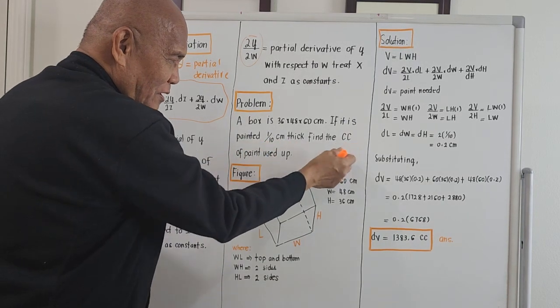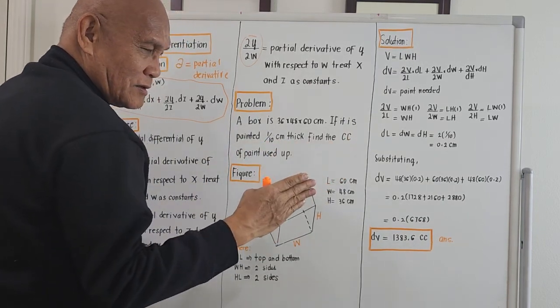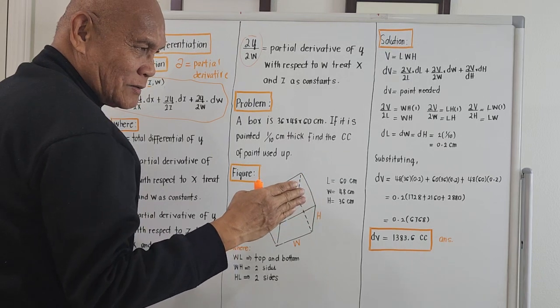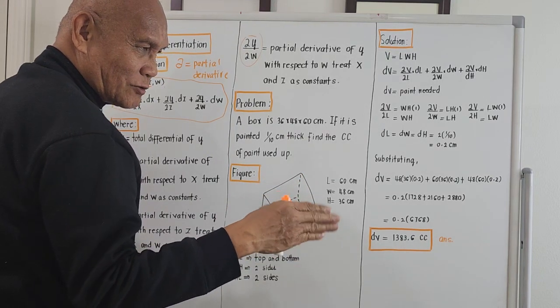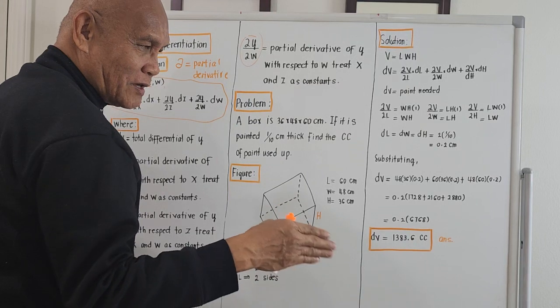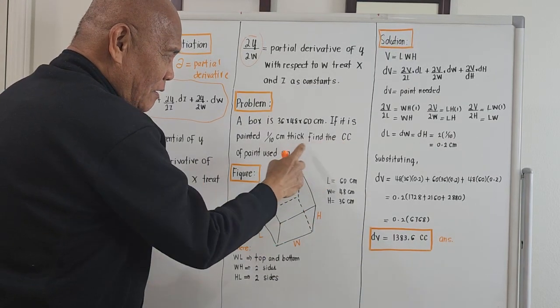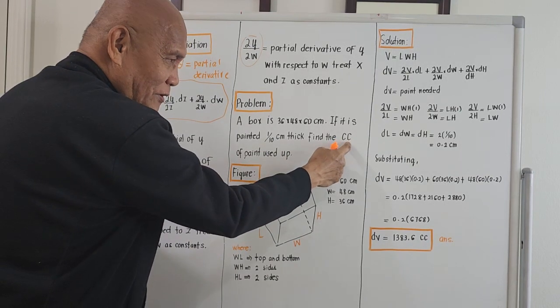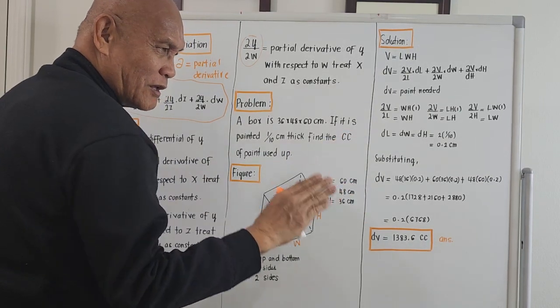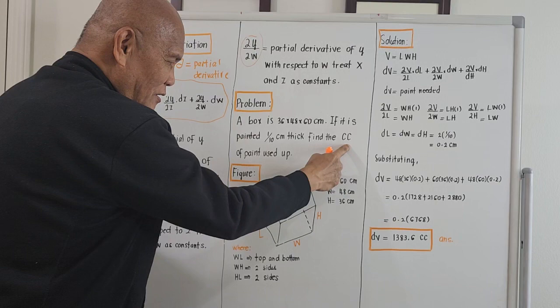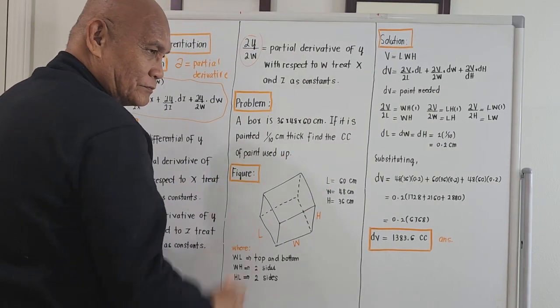Find the CC. CC meaning since the unit of the length is centimeter, if we try to take the volume, it will be CC meaning cubic centimeter. Find the cubic centimeter, so meaning it's the volume. Find the CC of paint used up.